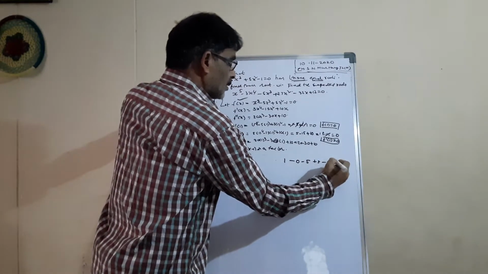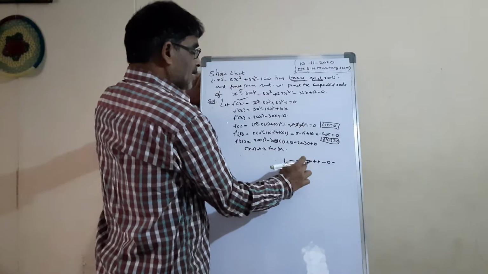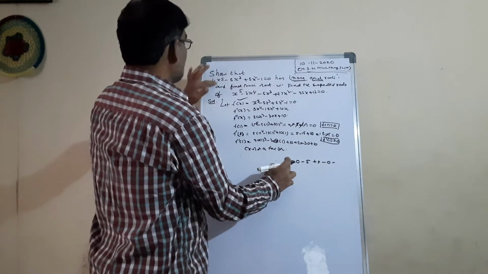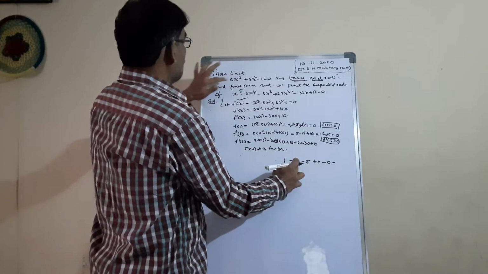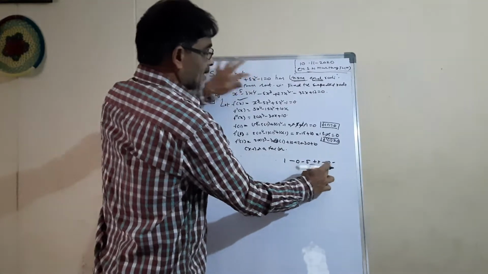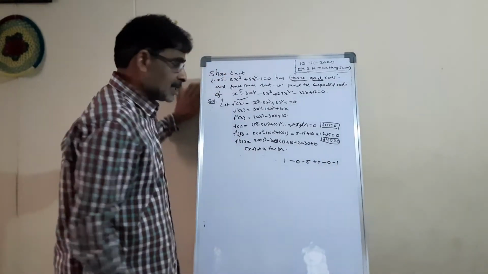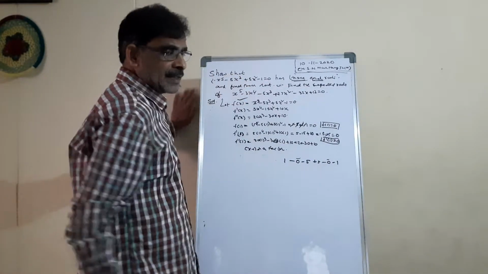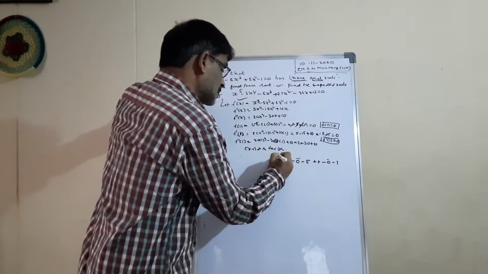Next x power 4, x cube, x square. x power 5, no x power 4, this is x cube, this is x square, again no x term, and then write the constant term. See, these two terms are absent in the given equation, so we put 0 and minus 0.